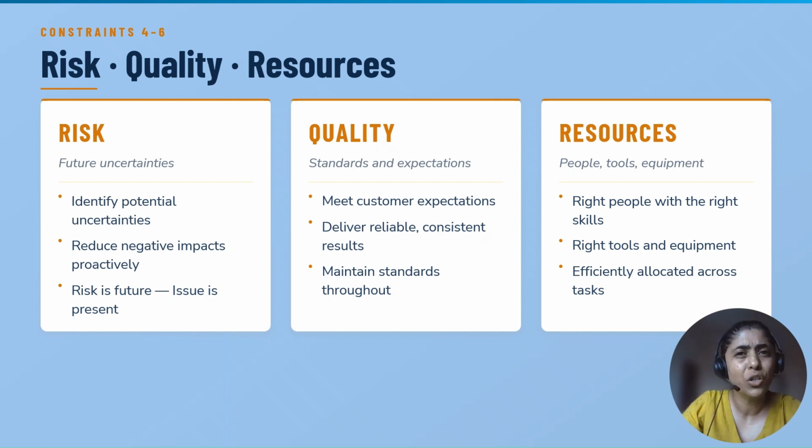The project would likely experience delay and quality problems. Similarly, assigning a junior developer to build a highly secure banking application may result in rework and delays. And successful project managers ensure the right people with the right skills are available at the right time.